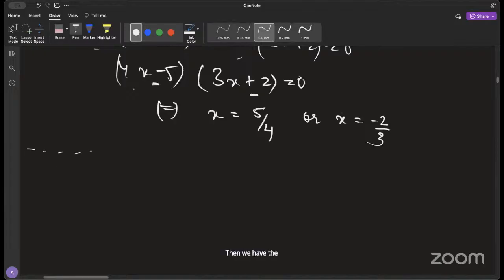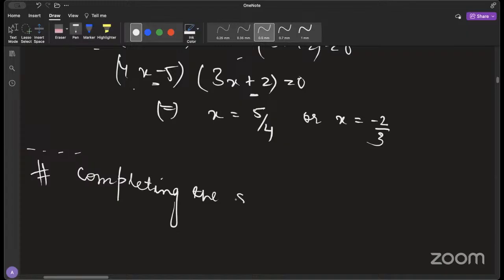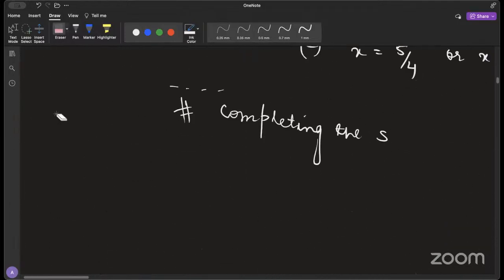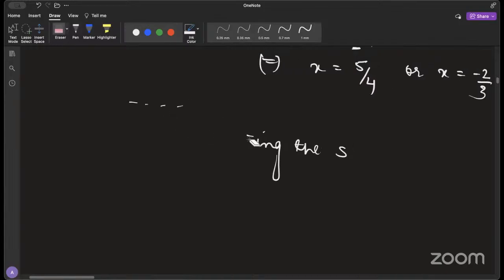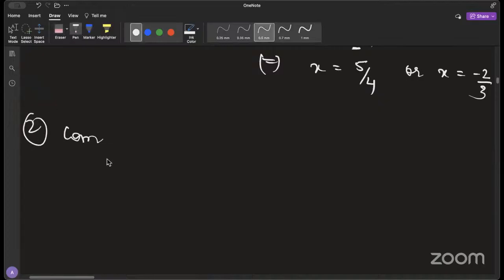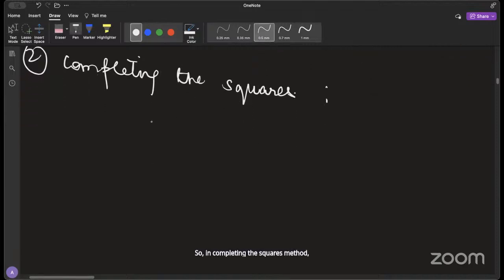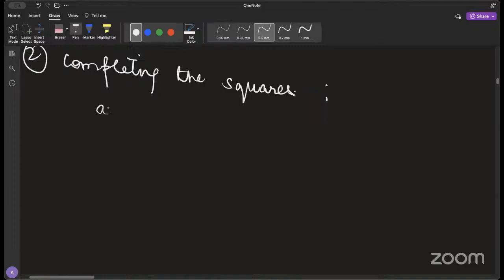Then we have the second method, which is completing the squares. So in the completing the squares method, let's say you start with ax square.